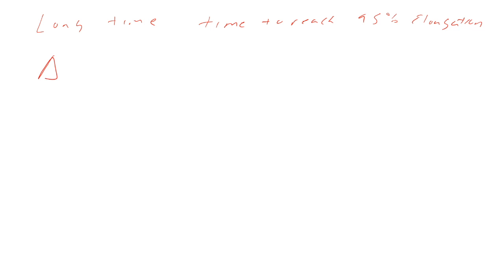If we look at the delta for infinite time, we end up with 0.2 times 2/3. This is 400 over 600, this 2/3.